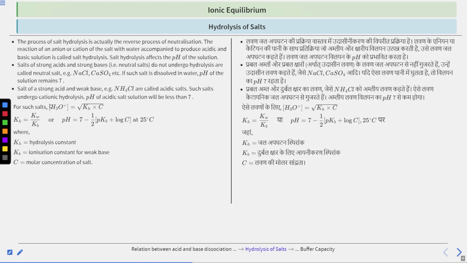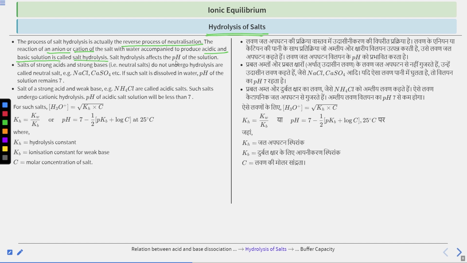So what is hydrolysis of salts and what is the process? The process of salt hydrolysis is actually the reverse process of neutralization. Whatever happens in the neutralization process, salt hydrolysis is the reverse of this. The reaction of an anion or cation of a salt with water to produce an acidic or basic solution is called salt hydrolysis.